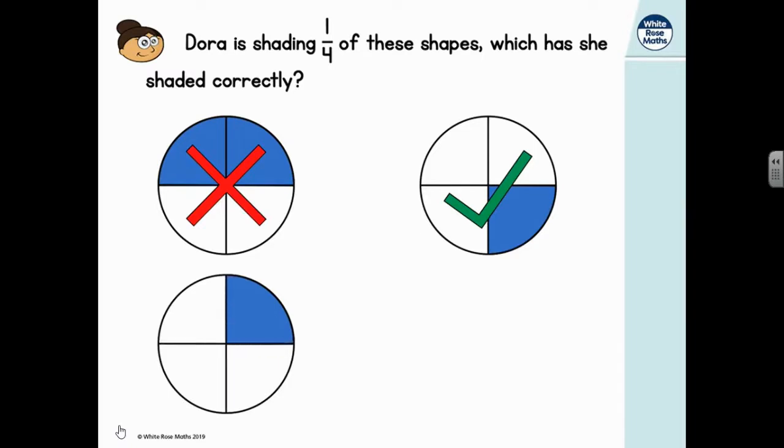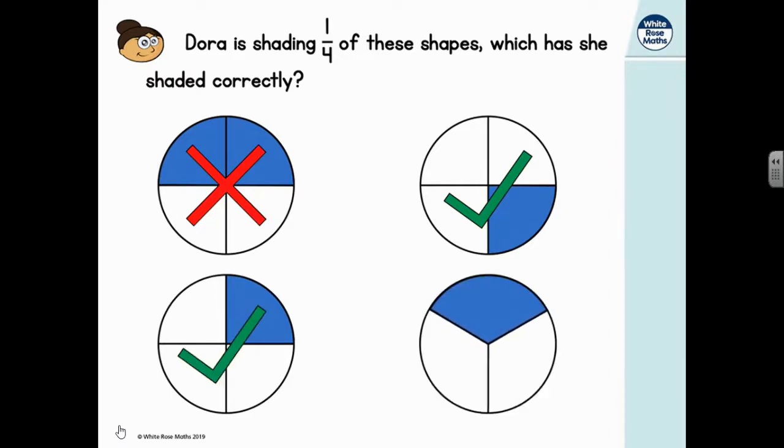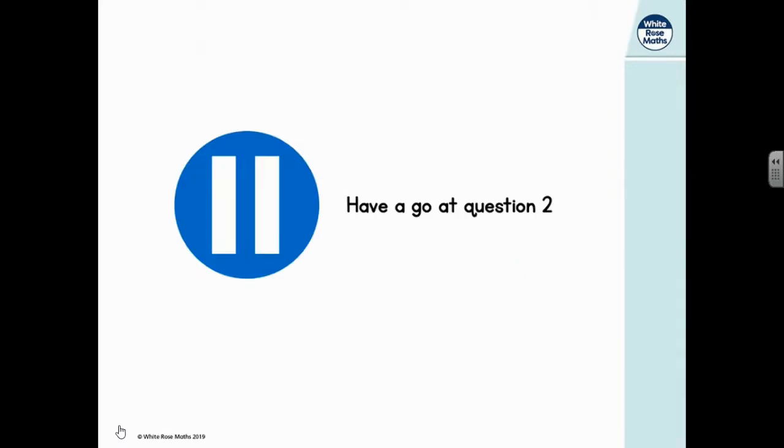This one? Well done, Dora. 1 out of 4 equal parts has been shaded. Oh, Dora, you shaded 1 of the parts, but it's 1 out of 3 equal parts. Whereas when we're looking at quarters, we need 1 out of 4 equal parts. Pause here. Have a go at question 2.